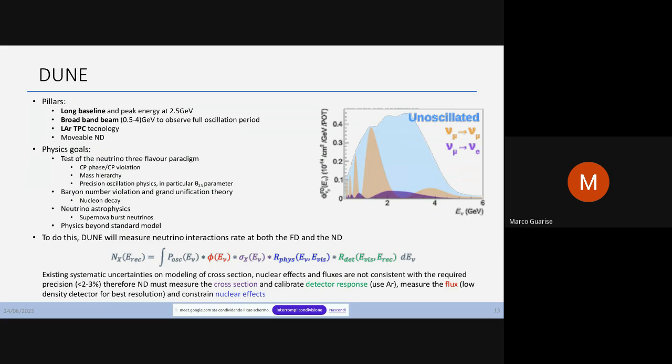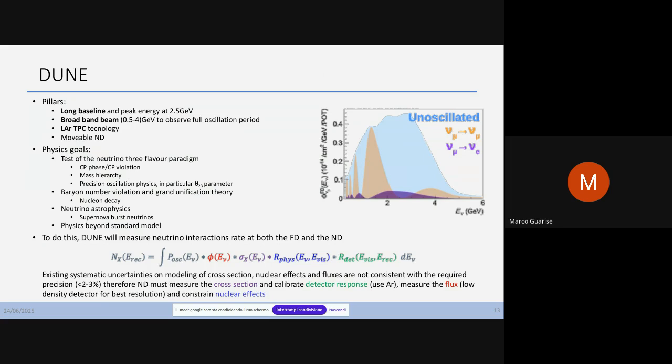Also, another important pillar is that the near detectors should move both on axis and off axis in order to probe different angles in the neutrino beam, and these are the goals that we would like to announce in our physics program.